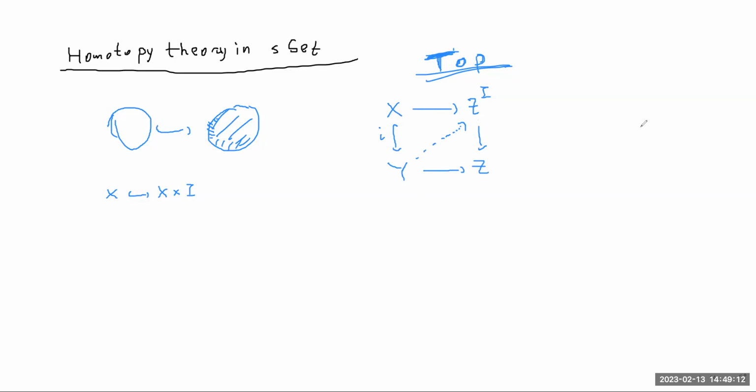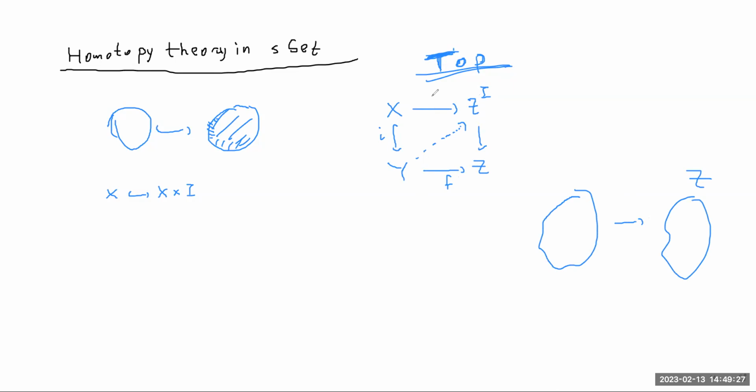What I have here is a map from Y to Z, let's call it f. So I have a map from Y to Z, and I have a homotopy for this map.